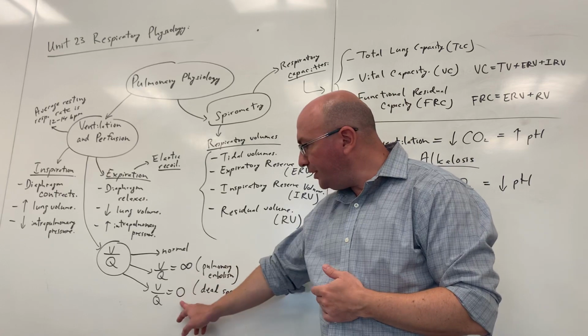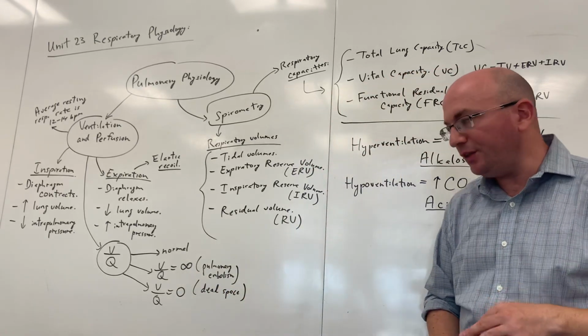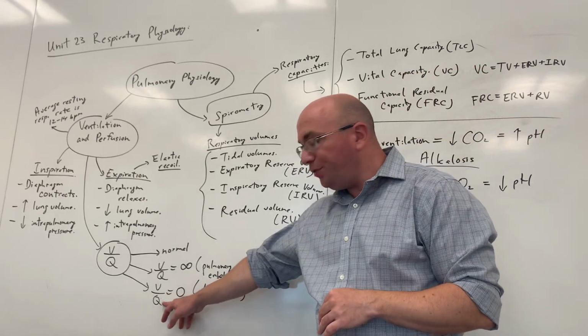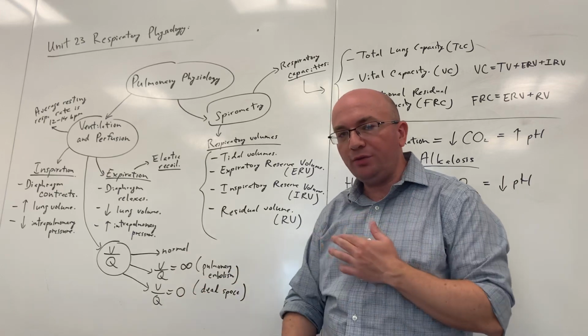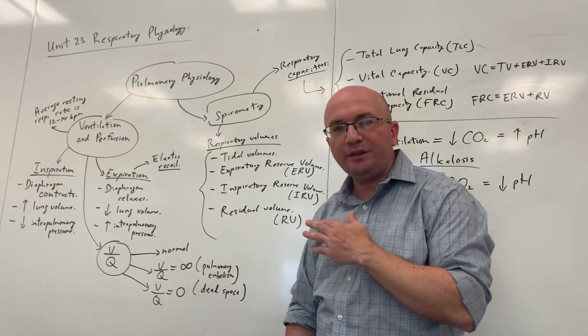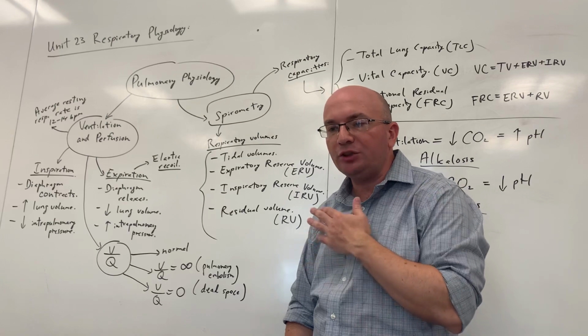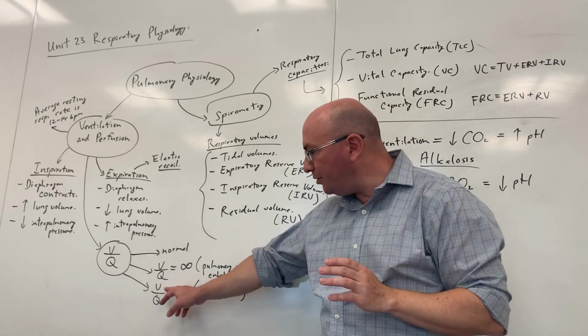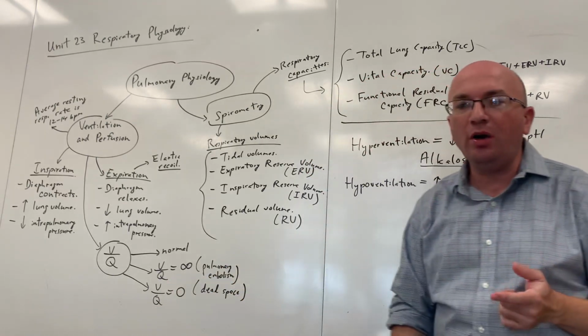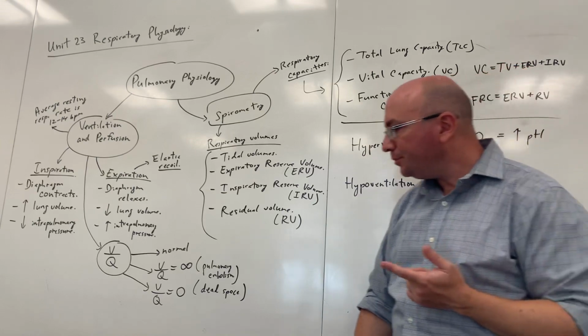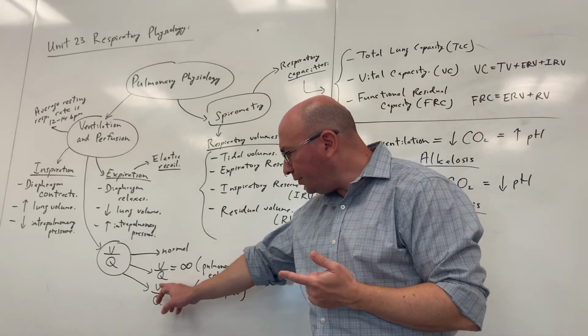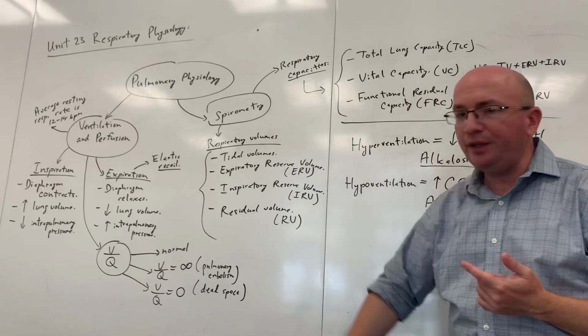For V over Q approaching 0, this is an opposite effect. Here perfusion is fine, all the blood flow is going everywhere, right? The red blood cells are there, hemoglobin is there to pick up the oxygen, everything's fine, but for whatever reason, there is a blockage in the bronchial tree, right? So V becomes 0. This is what we call dead space.